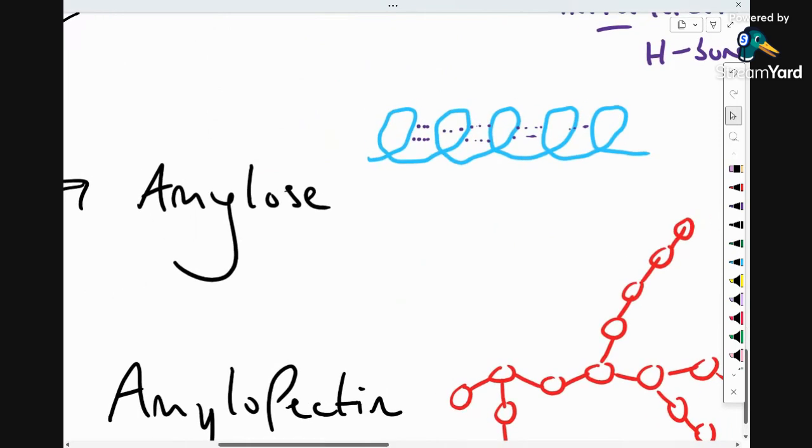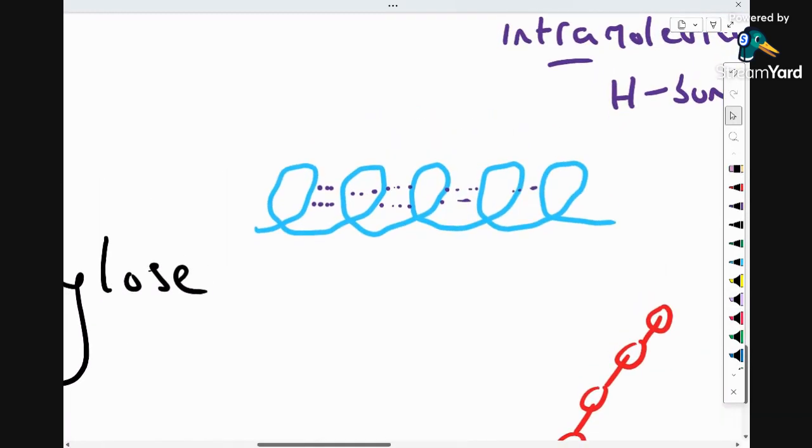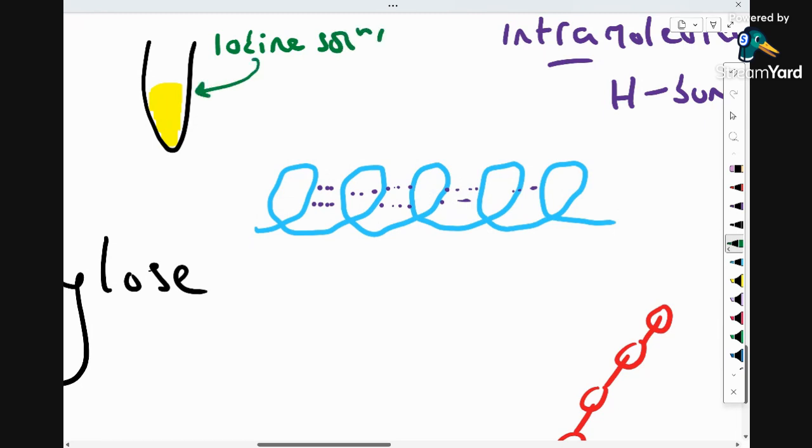And because of its coiled structure, iodine, I'm going to do the color slightly deliberately. Iodine solution is yellow. Okay, so here we go. We've got iodine solution here.